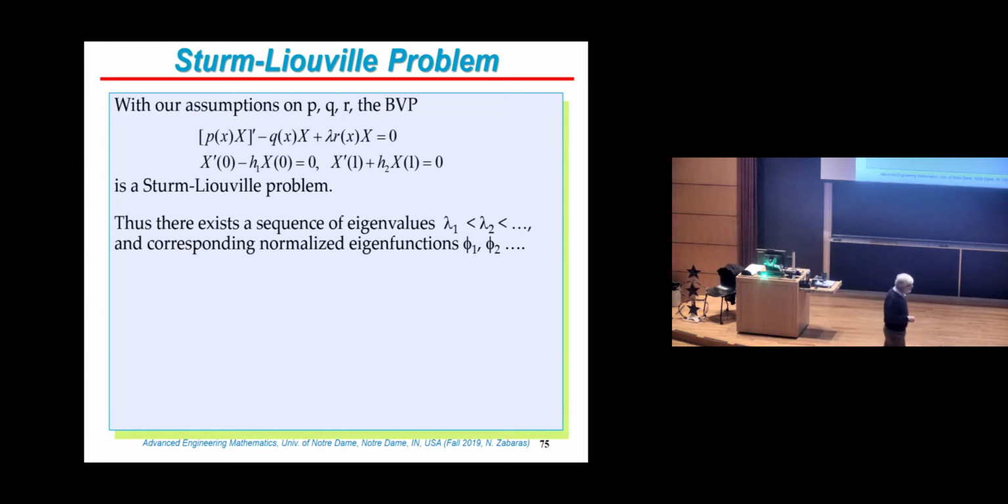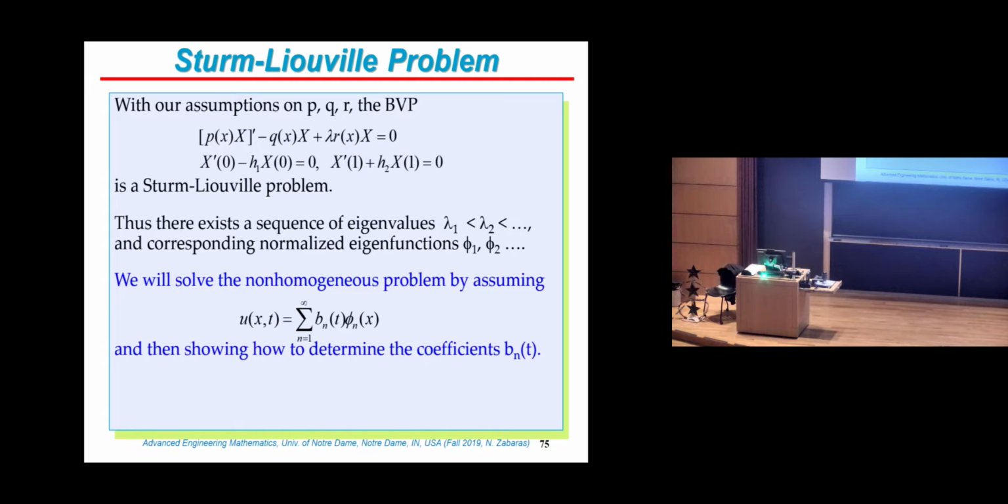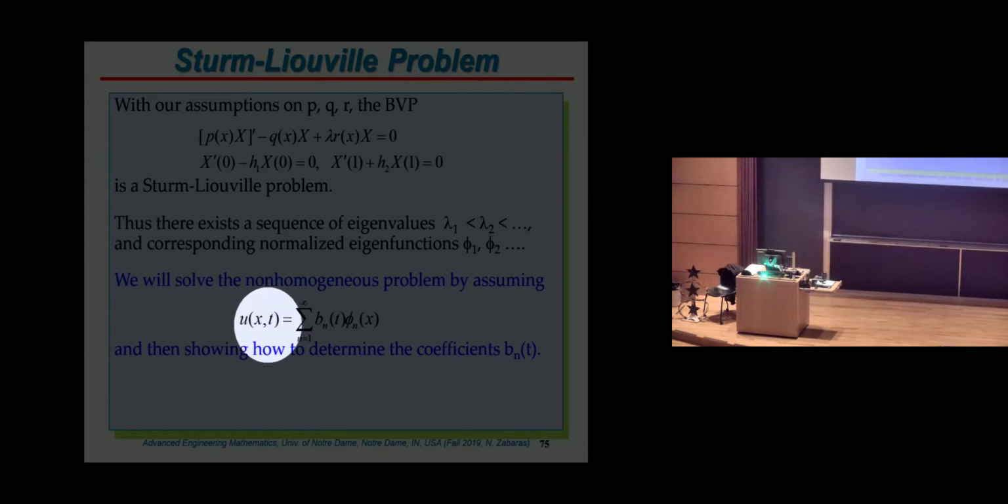This problem has discrete eigenvalues lambda. For each lambda, there is a phi. There are infinite phis. And we wrote a solution in this Fourier-like expansion having some unknown coefficients times the basis functions. This was one of our basic theorems.